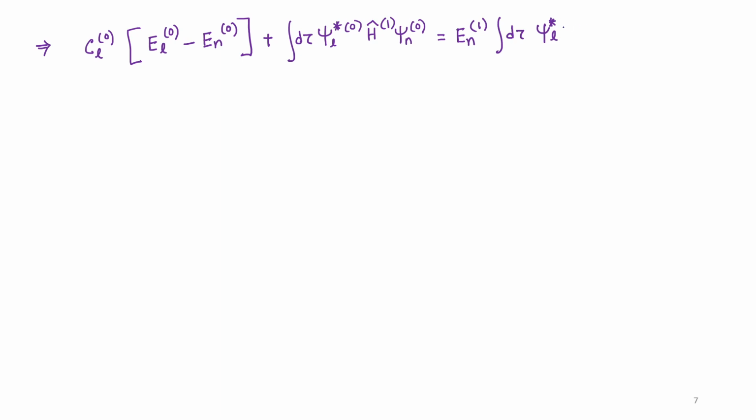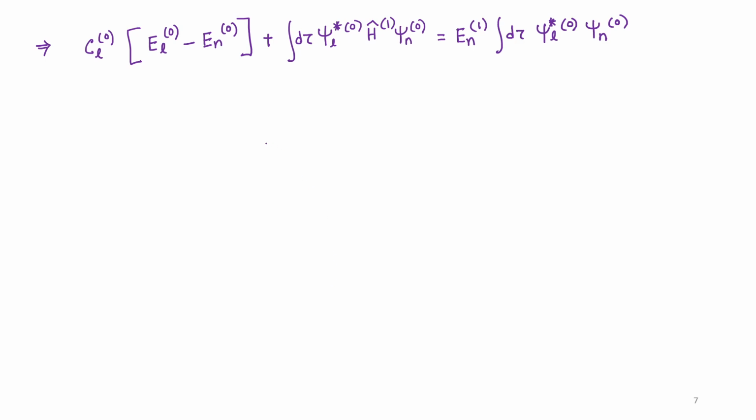Still there are multiple terms, right? We need to shorten it down even more so that we can get something in terms of C L 0th. So see, what we have done is shortened it down to a condition where m equals L, and this part has survived. Now see, there are two kinds of states, where L can be equal to n or not equal to n.